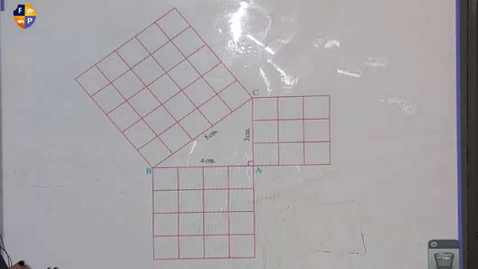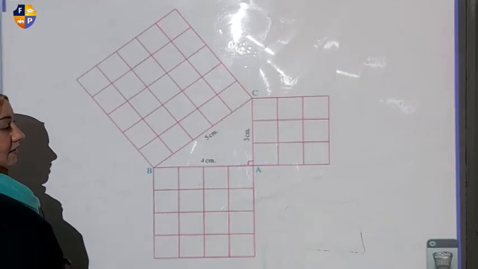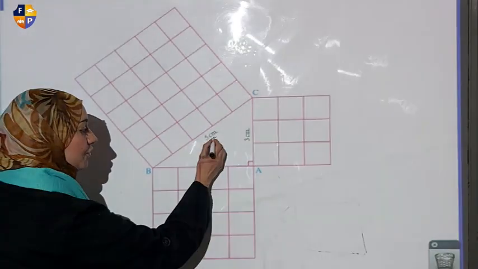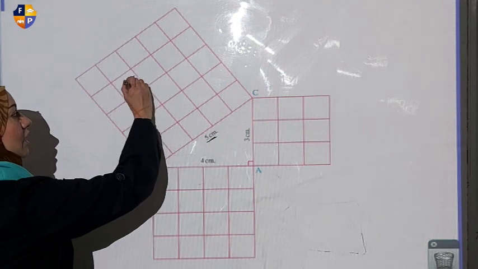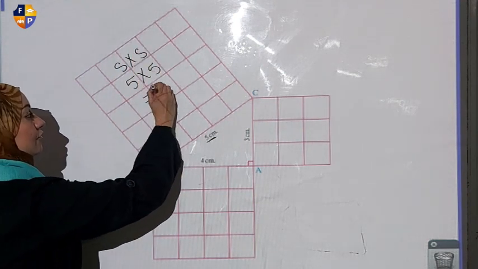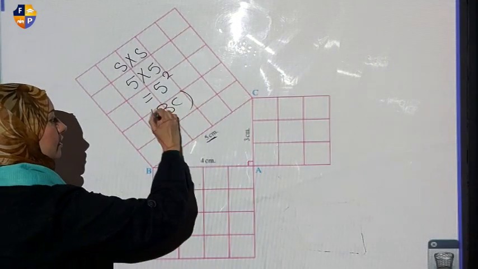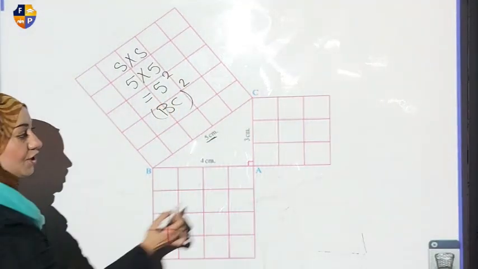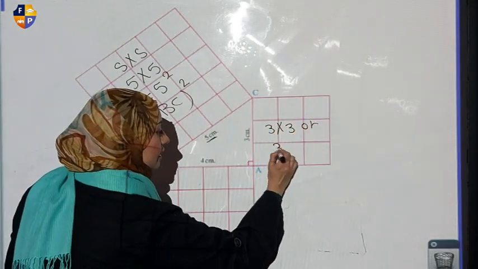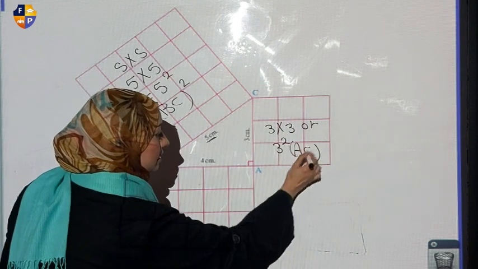Again, how can I get the area of this square? What is the rule of the area of a square? Side by side. The side here equals 5, multiply 5, side multiply side, or 5 square, BC square. And here 3 multiply 3 or 3 square, then AC square.